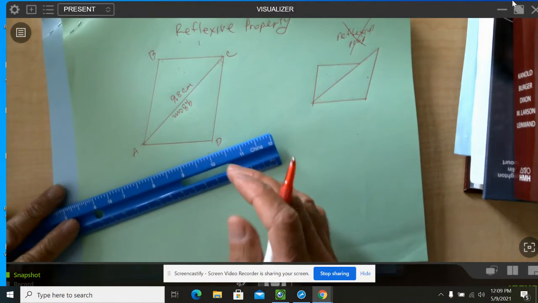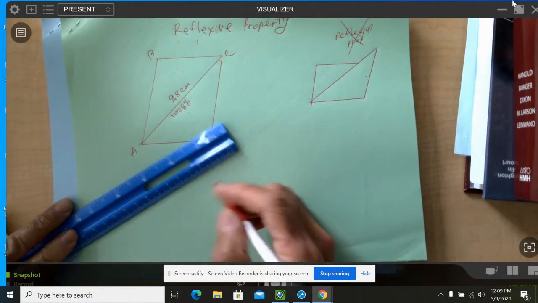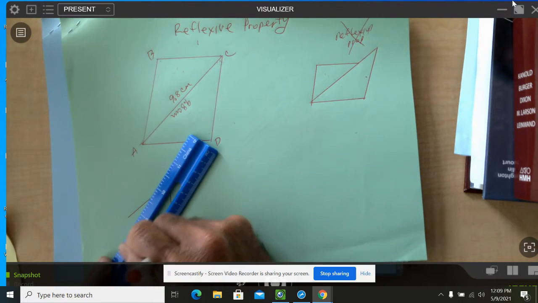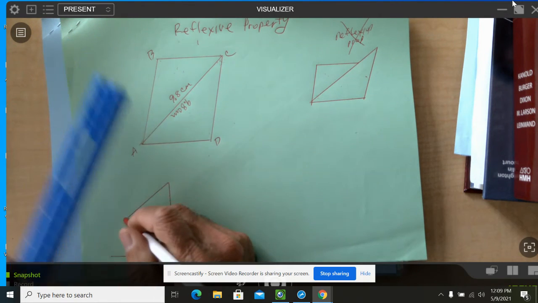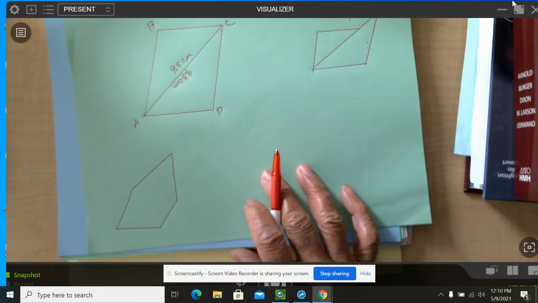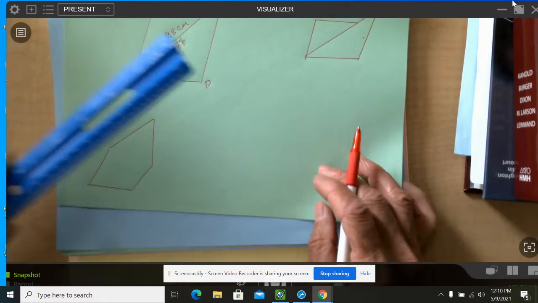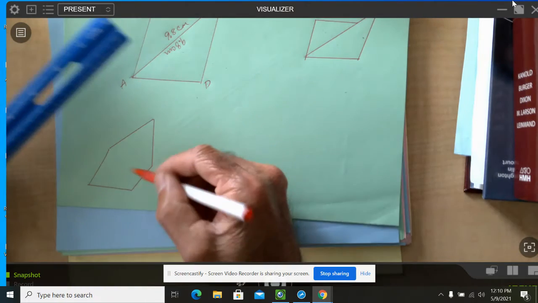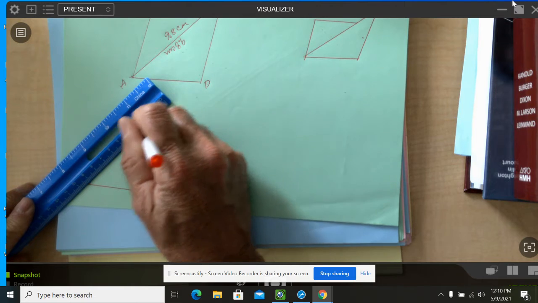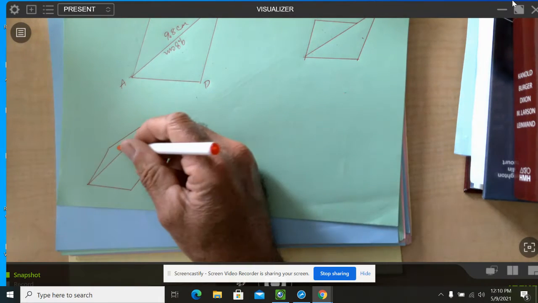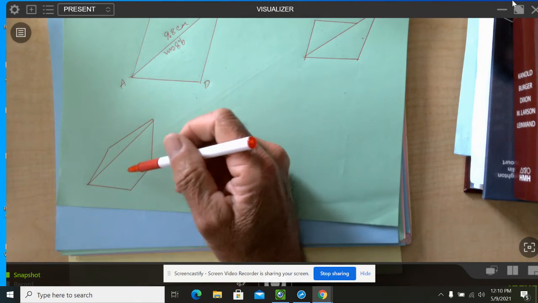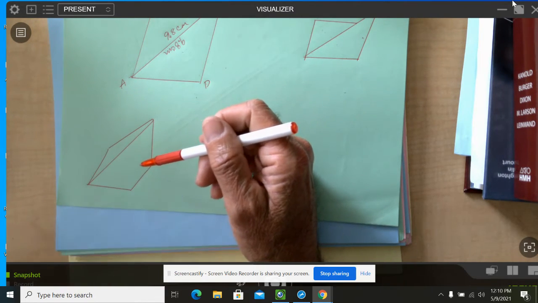Well, let's try something. I just made up a different shape, a pentagon, right? Let's say we want to measure, so I'm going to draw a line from here to here. We have a triangle on one side, and a quadrilateral of some sort over here. It looks kind of like a trapezoid.